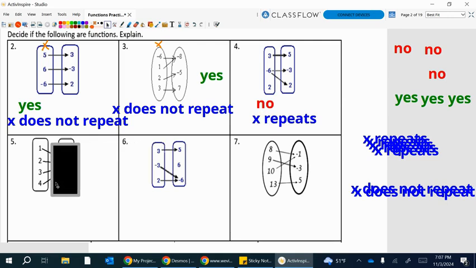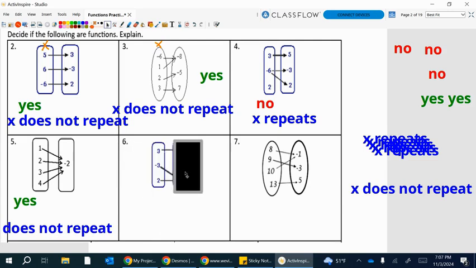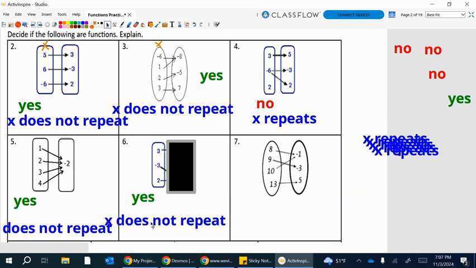Okay, number 5, one line comes out of each x value, so our answer again is yes, because x does not repeat. One line, one line, one line. That means it is yes once again, because x does not repeat.